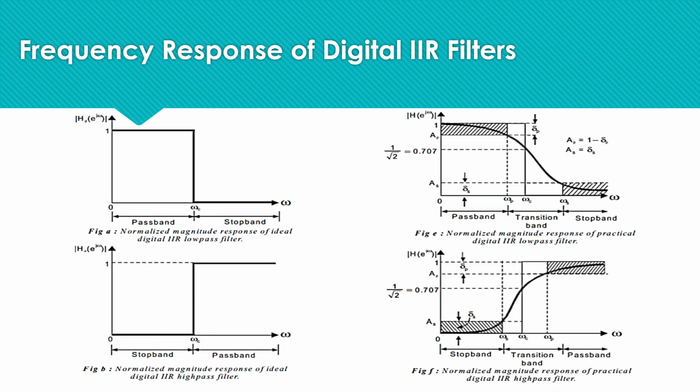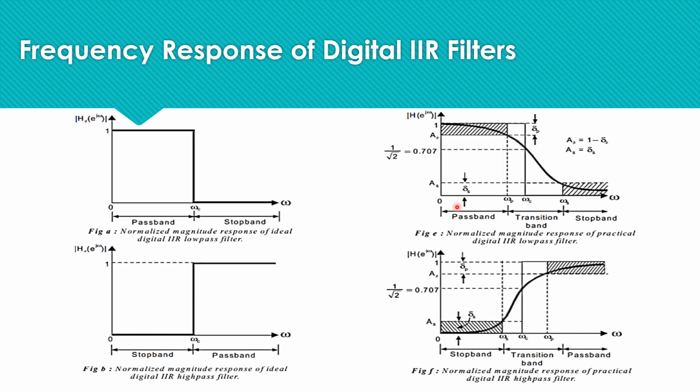For getting the magnitude response of an ideal digital IIR low pass filter, we plot the values of modulus of HD of e raised to j omega versus omega. Here also we can see that this is our pass band and this is our stop band. The cutoff frequency is marked as omega c.